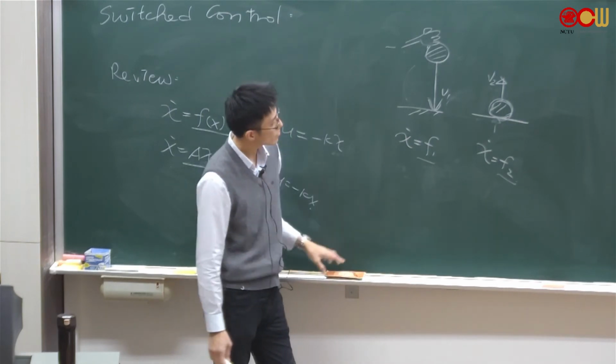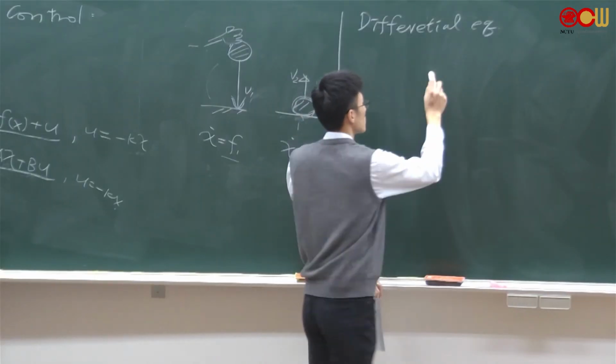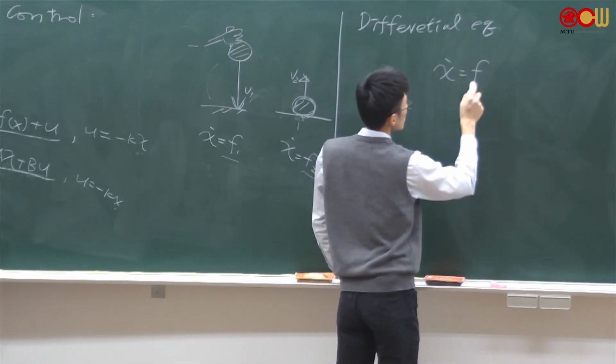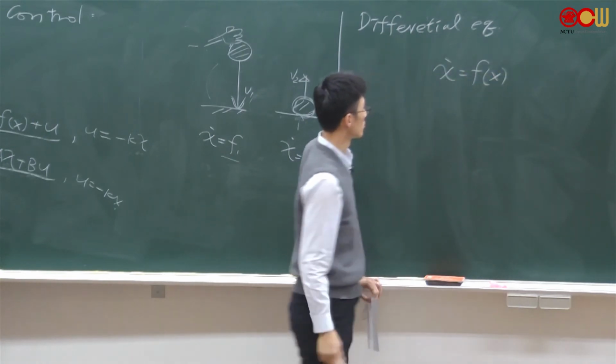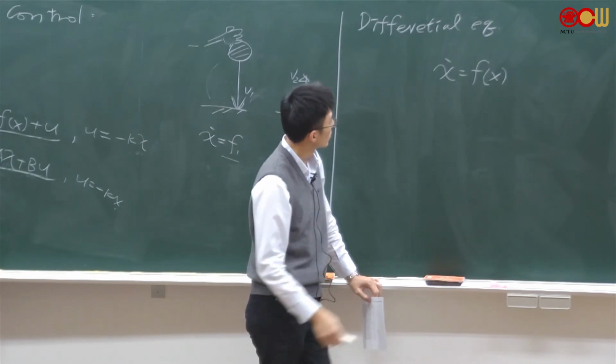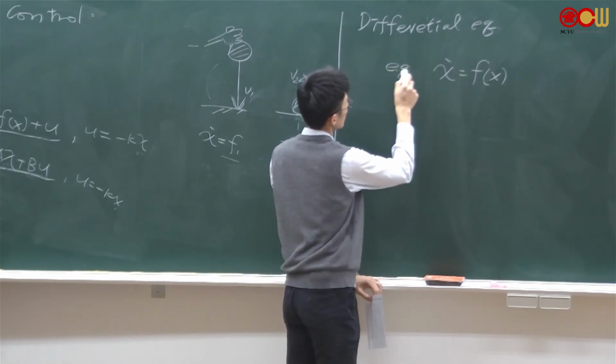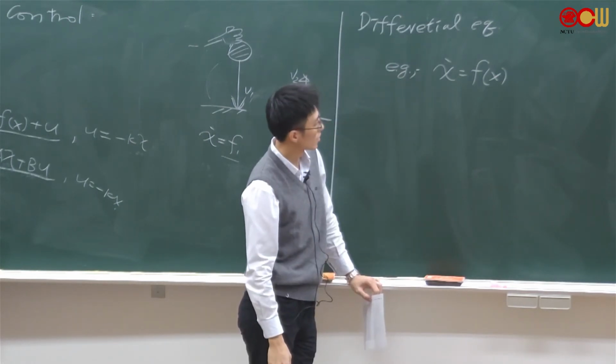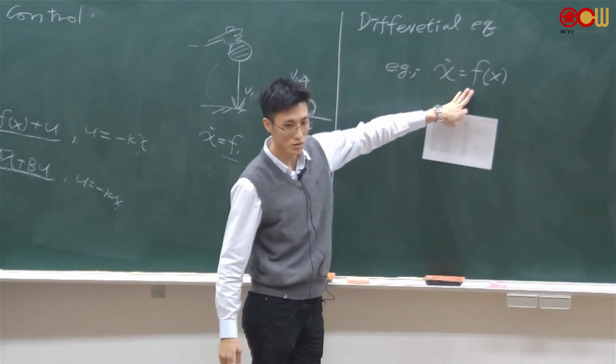Okay. So differential equations, we said, given a differential equation, for example, this is a differential equation, right? The x dot equal to f(x). F is a continuous function.